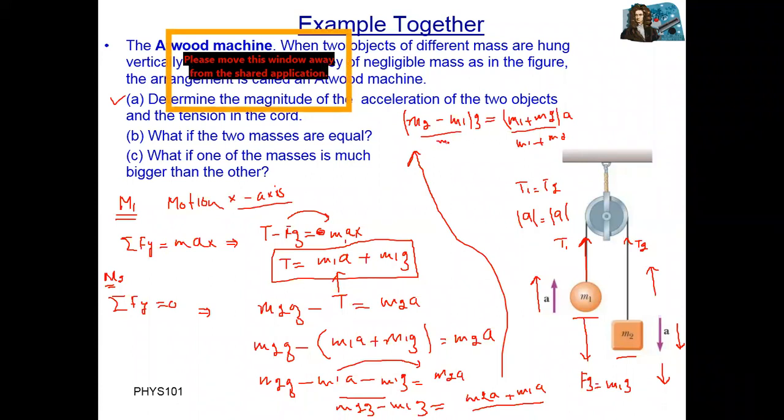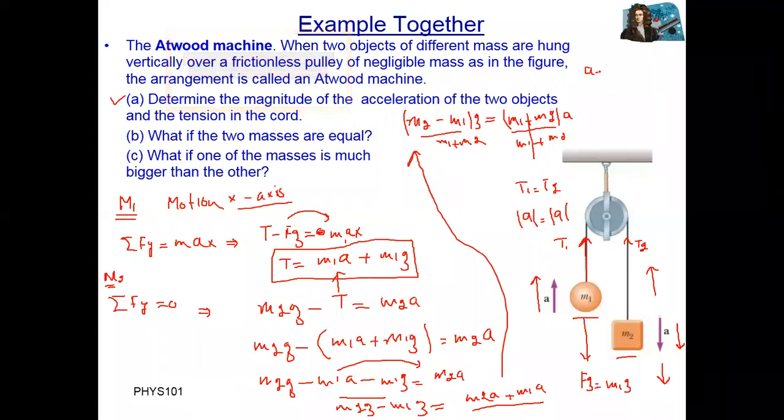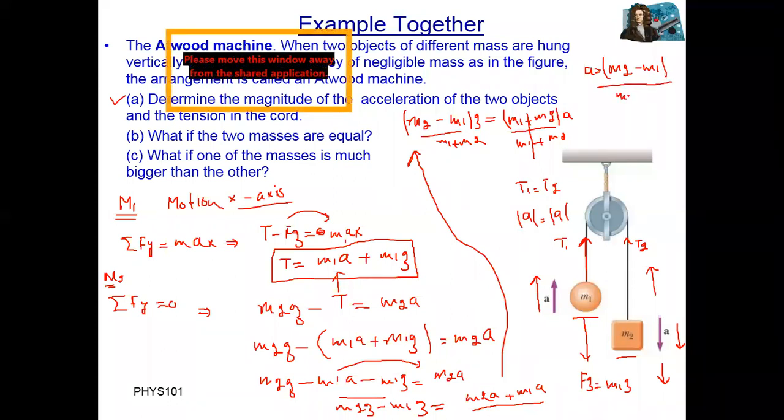We have the equation for acceleration: a equals m2 minus m1, divided by m1 plus m2, multiplied by g.